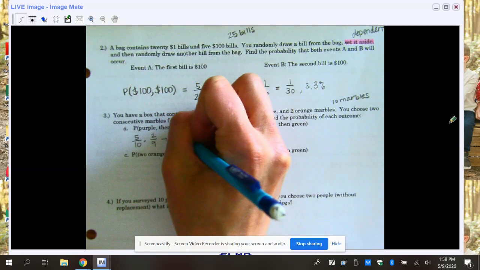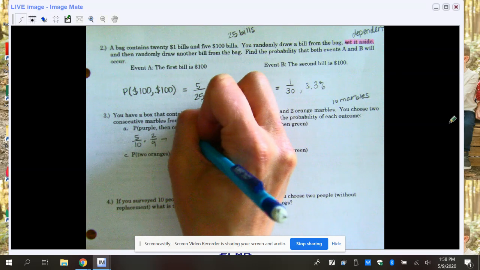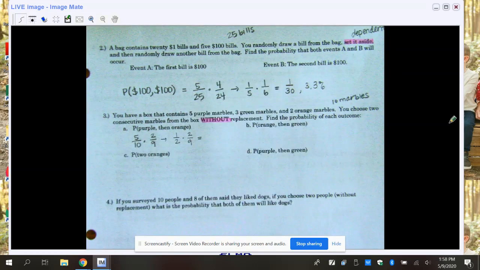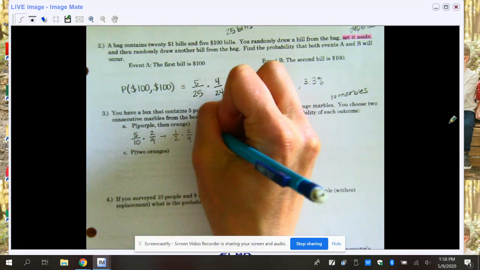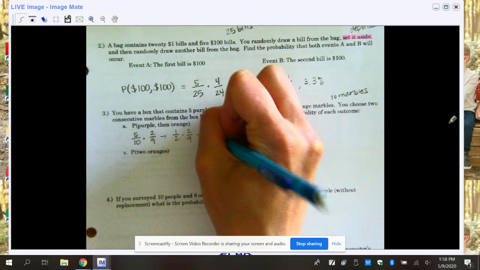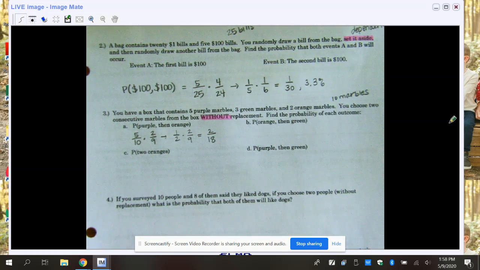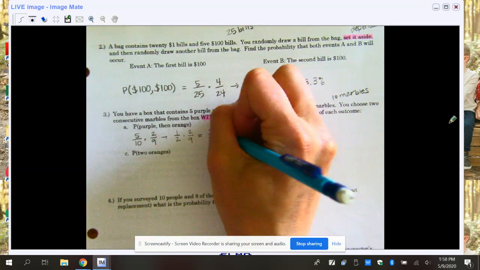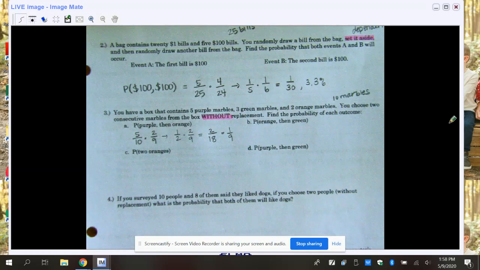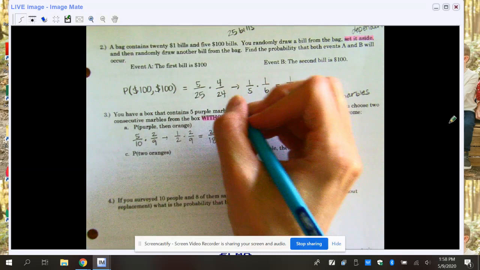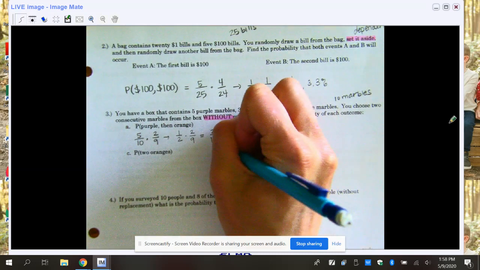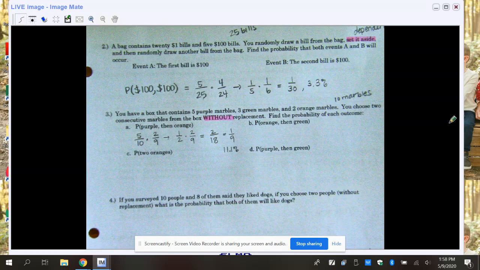I'm going to go ahead and simplify that first fraction. So 1/2 times 2/9 is going to be 2 over 18, which simplifies to 1/9. And so when I do the percent, if you want to do that, that's going to be about 11.1%.